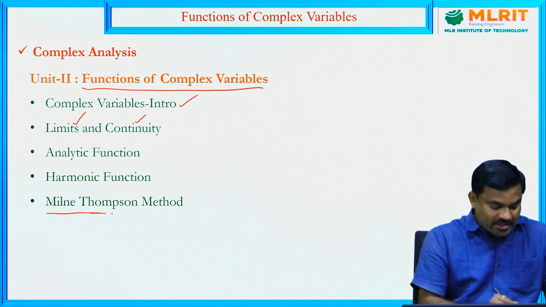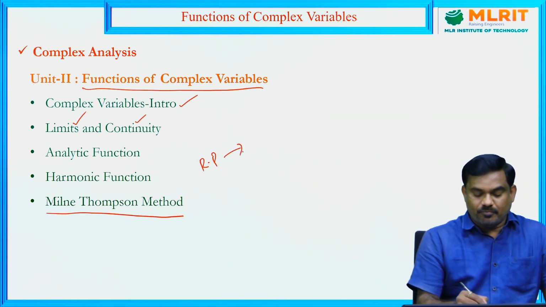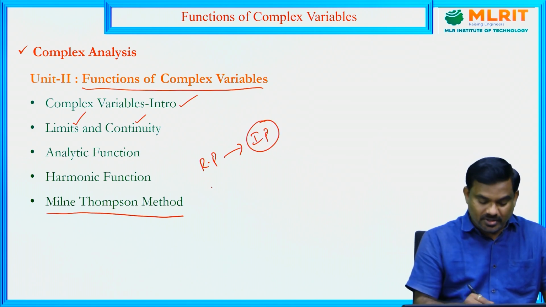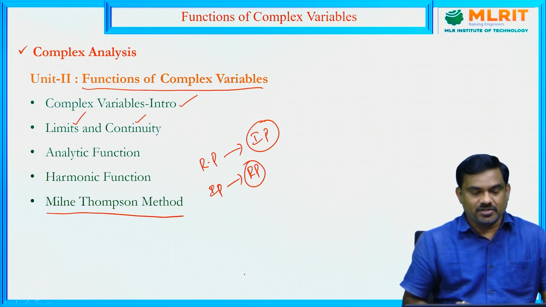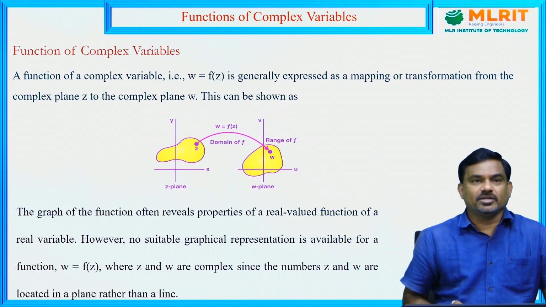This is a particular method used when the real part is given to find the imaginary part of an analytic function, and also if the imaginary part is given to find the real part of an analytic function, we apply this Milne-Thomson method.